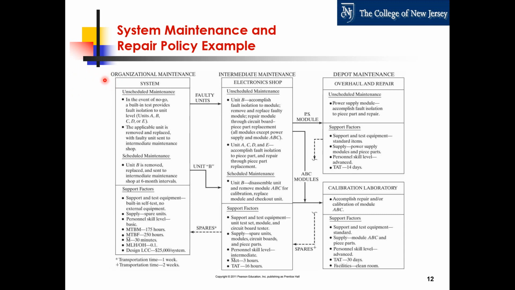Here we have the intermediate maintenance facility, and here we have the factory with its calibration laboratory. So this gives you an example with some effectiveness measures that you can make available as part of the exercise as an exhibit that you thought about these things.